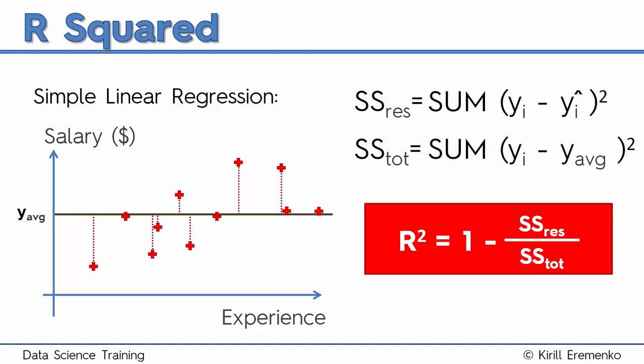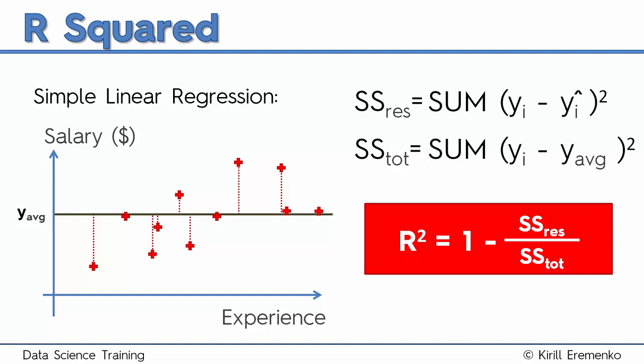And if you look at the formula, you're trying to minimize SS residual, right? So sum of squares of residual. On the right over there, that part of the formula, as you minimize SS residual, it goes smaller. It always becomes smaller. And that way, SS residual divided by SS total becomes smaller, and 1 minus SS residual divided by SS total becomes greater.